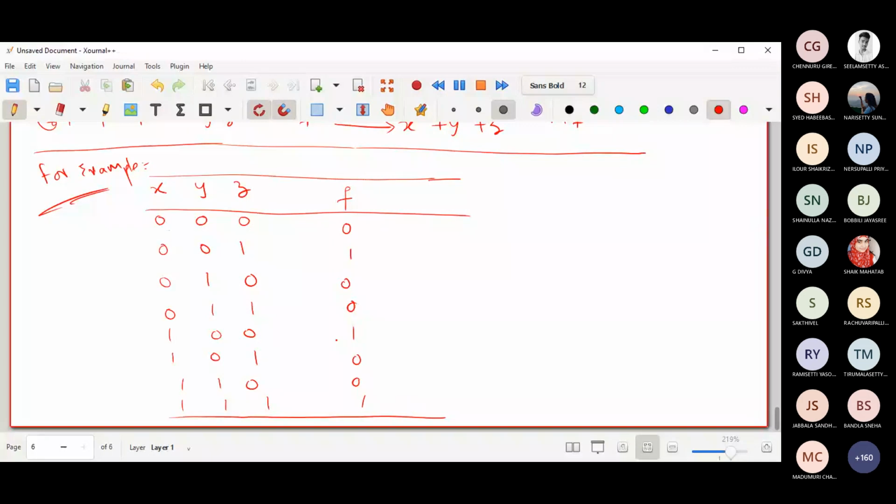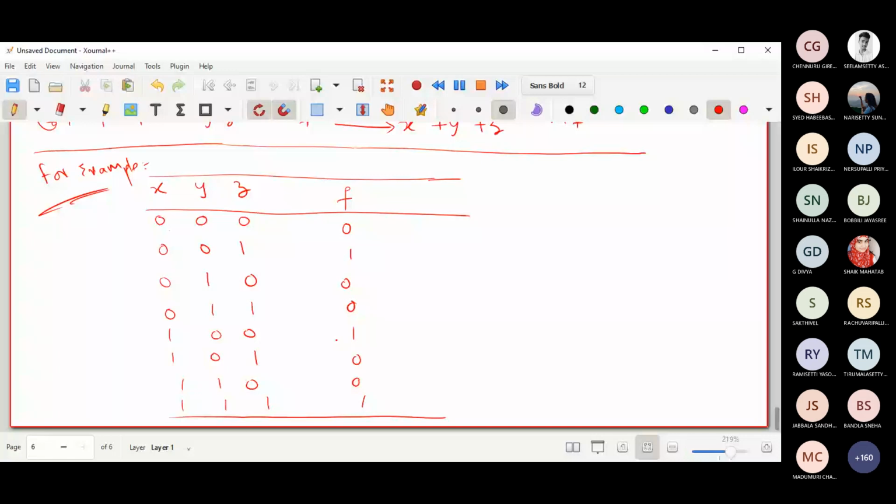Three variables x, y, z are inputs, f is the function of those three variables, and f is the output. Then how to represent it using this truth table? Using this truth table, how can you represent it in sum of minterms and sum of maxterms form?